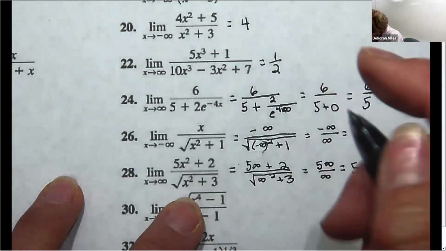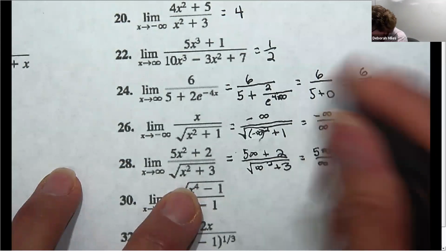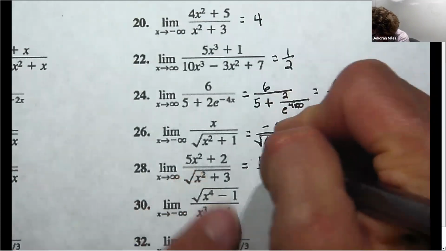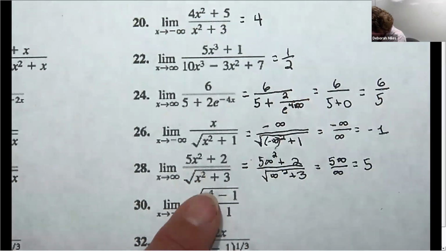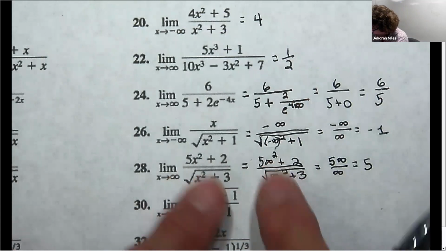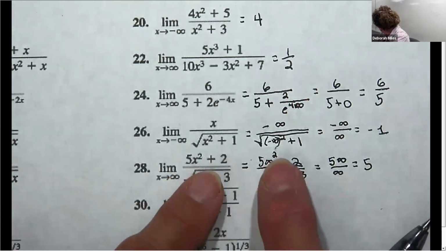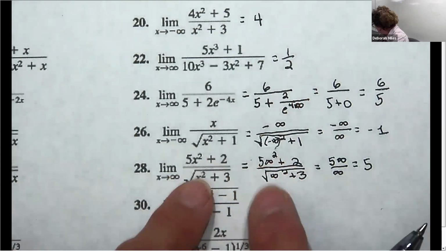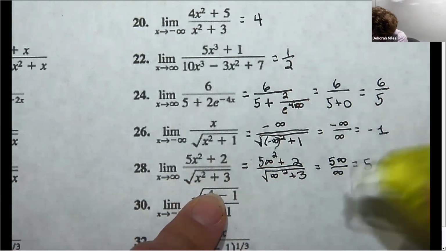I'm making lots of typos. I don't know why I didn't have squared there. Well, it makes a difference though, because the degree of the numerator is higher than the degree of the denominator. The degree of the numerator is 2, the degree of the denominator is just 1. And so this does make a difference.